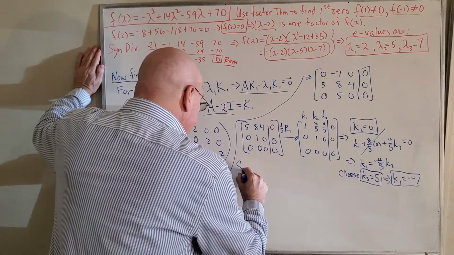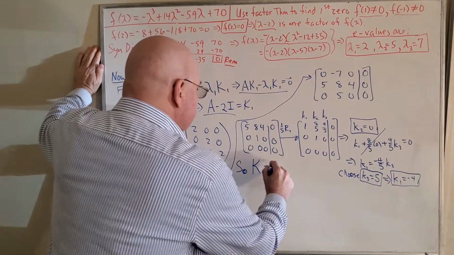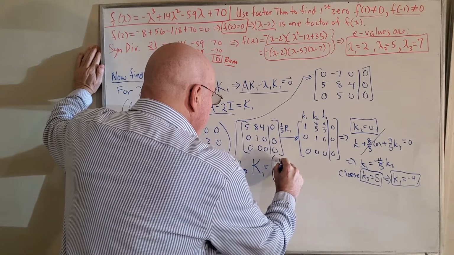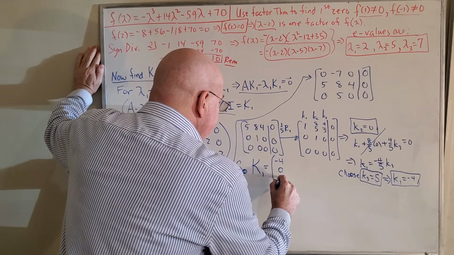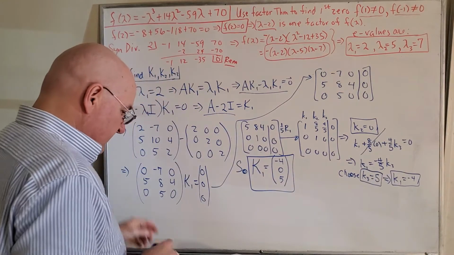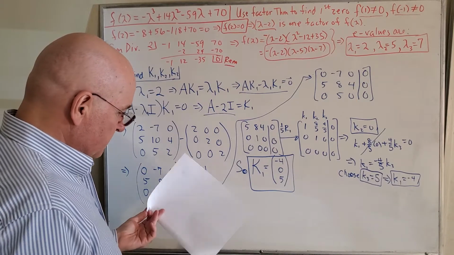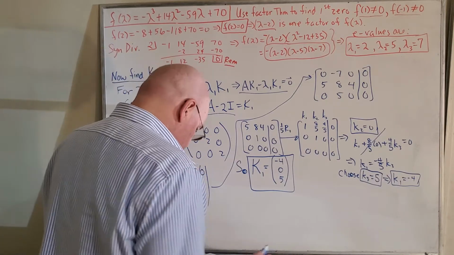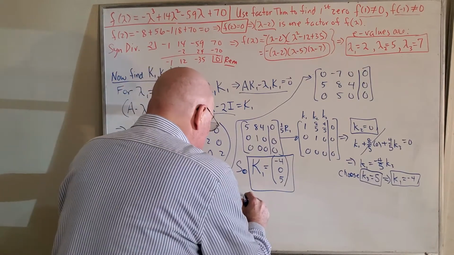So, capital K1 is, K1 was negative 4, K2 was a 0, K3 was 5. Put a box around that. And I've pretty much ran out of room, so I think what I'm going to say here is that lambda 2 was 5.